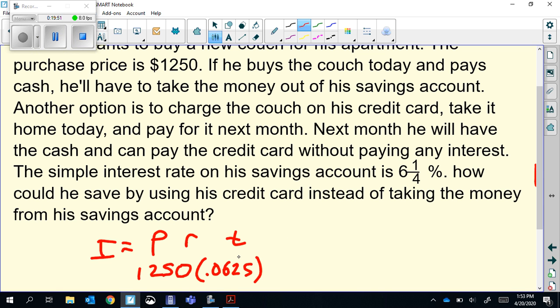And then the time would be 1 month. Now this 6.25%, that's for a year. So when we're talking time, we're only talking 1/12 of the year.